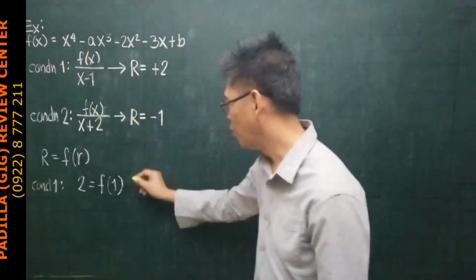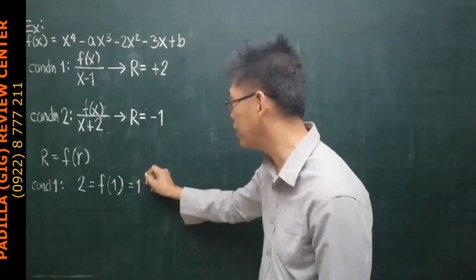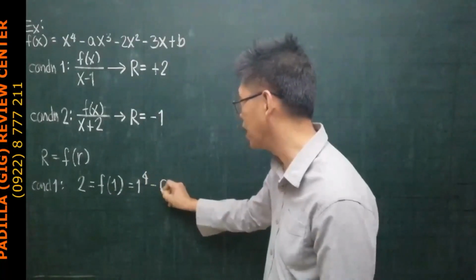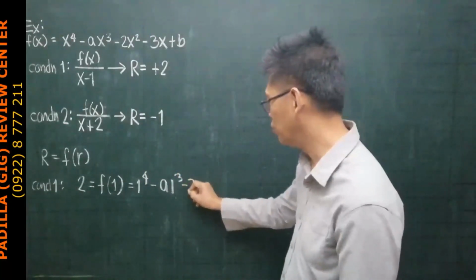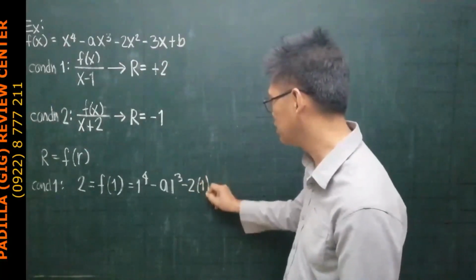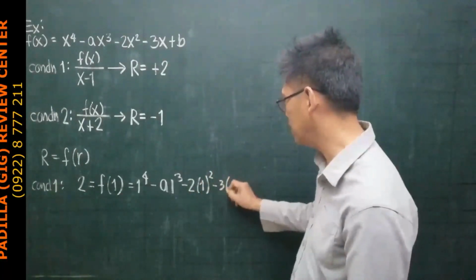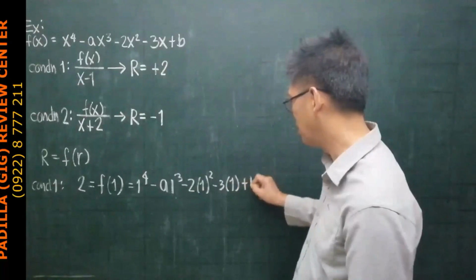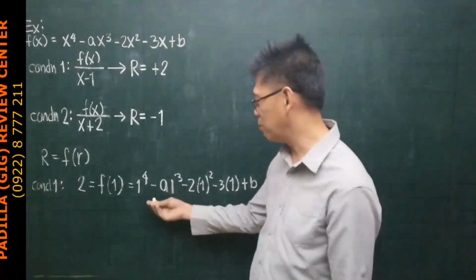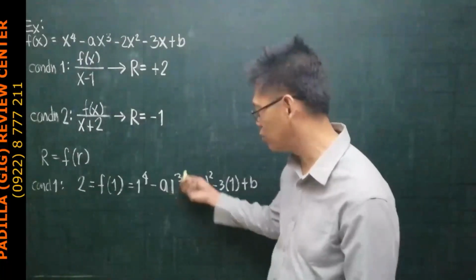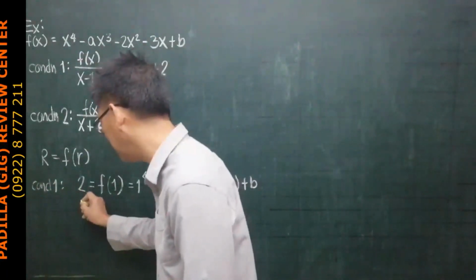So we have 1 to the fourth minus a 1 to the third minus 2 times 1 squared minus 3 times 1 plus b. So let me move all variables to the left, minus a to the left. That would be a.